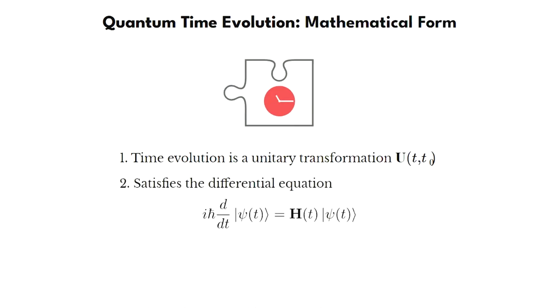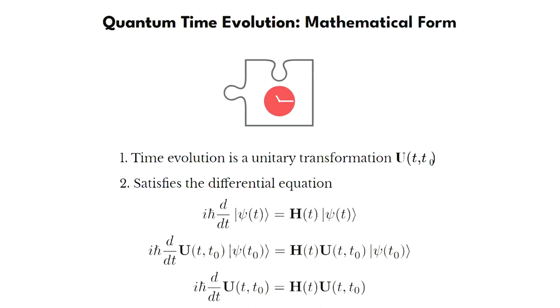And then it satisfies the Schrödinger equation. You can write this Schrödinger equation in another form by rewriting psi t as the unitary transformation of the initial state. And when you remove the initial state, you get an alternate form that describes the dynamics of the unitary transformation.